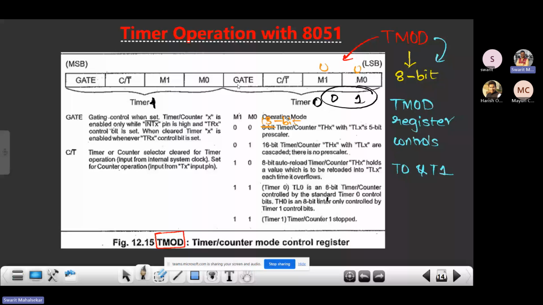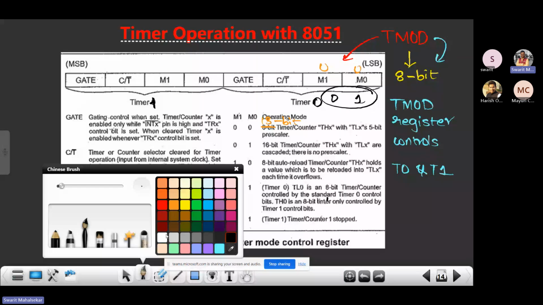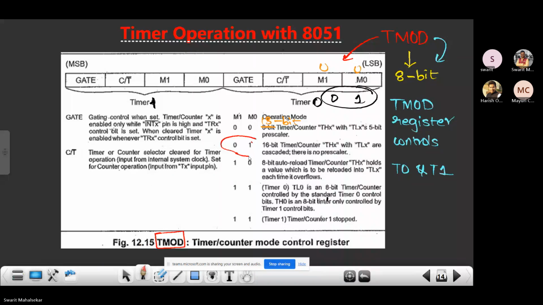In our project, we are going to focus on this particular mode, which is a 16-bit mode. Let me highlight it. We are going to use this mode. Then there is another mode, the 8-bit auto reload mode, which you can also go with.